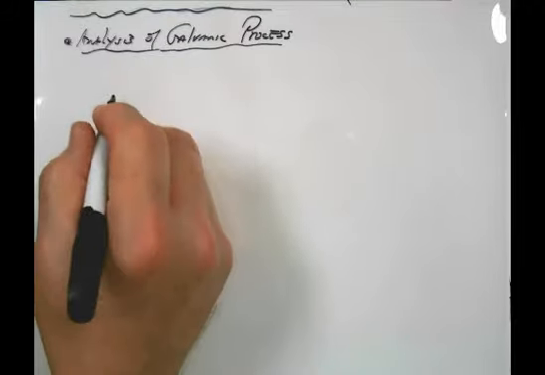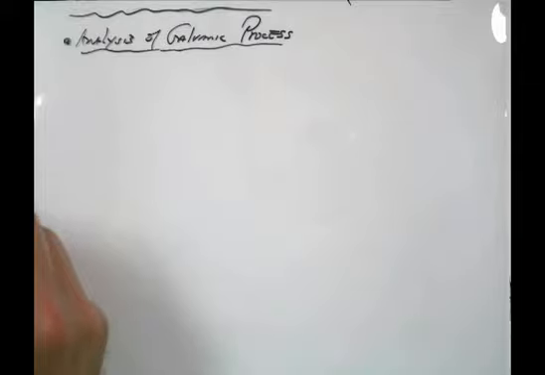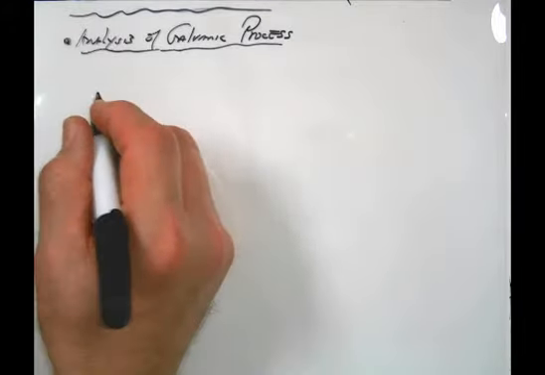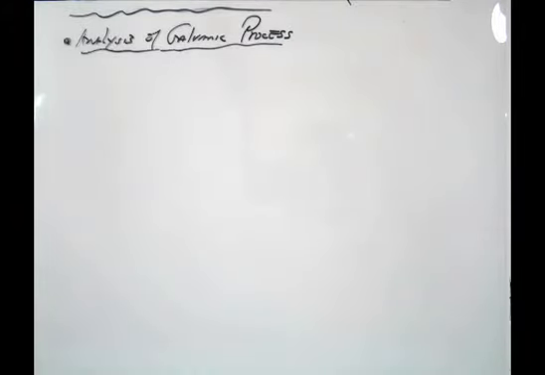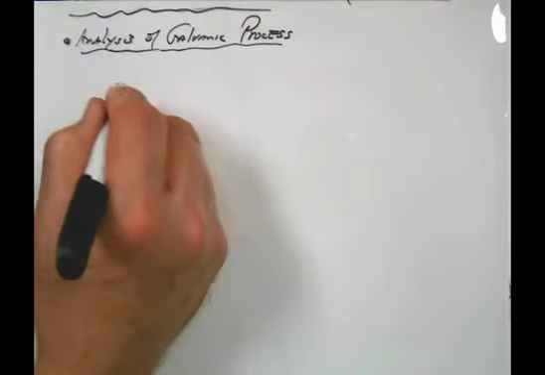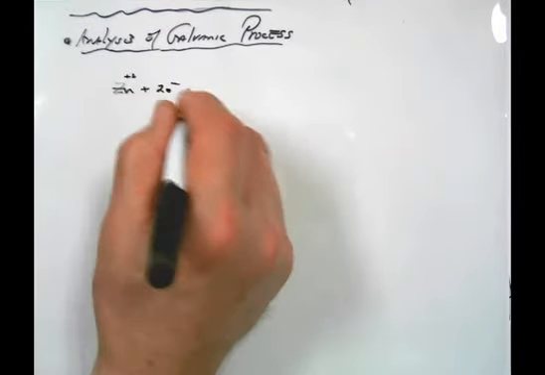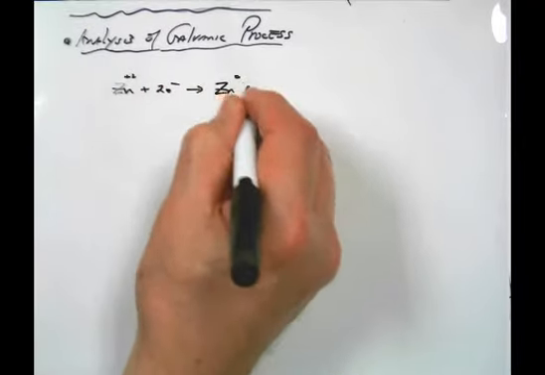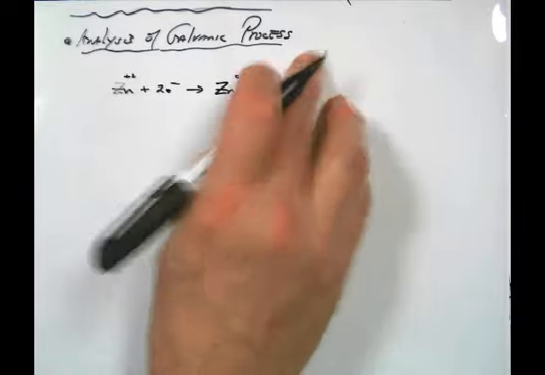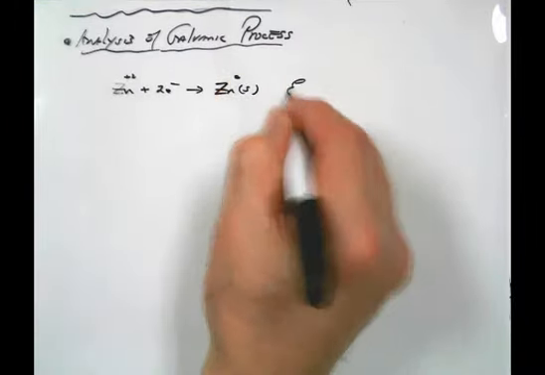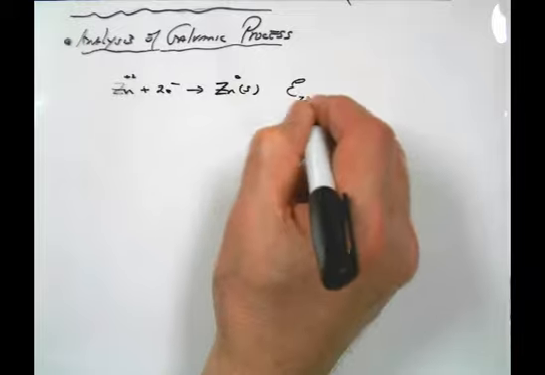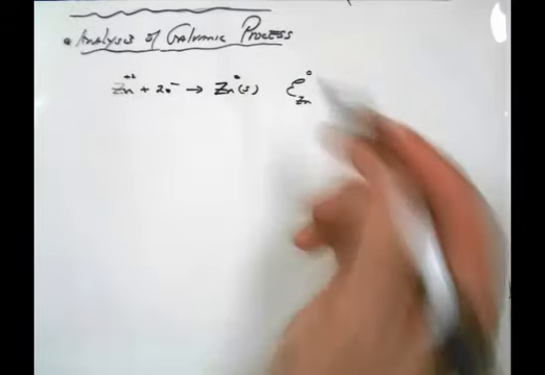We have in there zinc plus 2 electrons going to zinc metal, and you have your reduction potential for zinc, and that's your standard reduction potential.